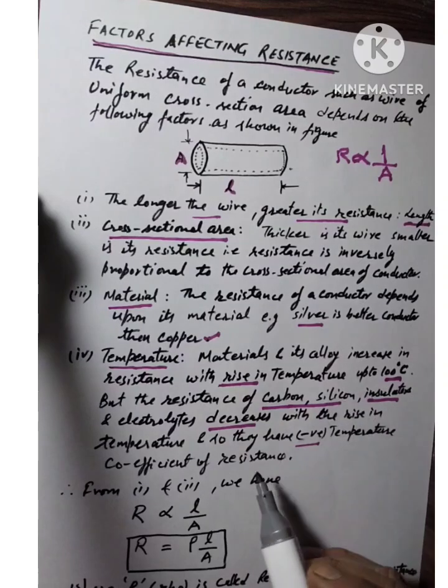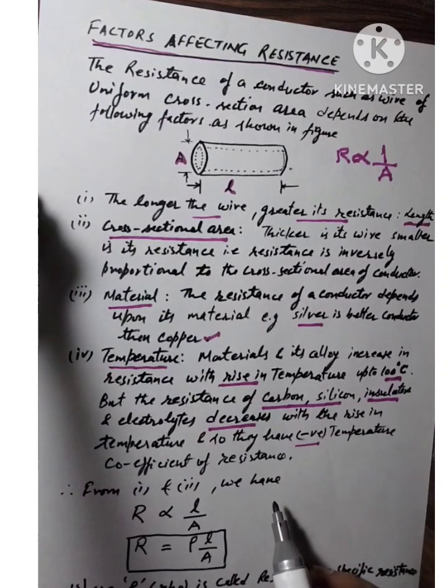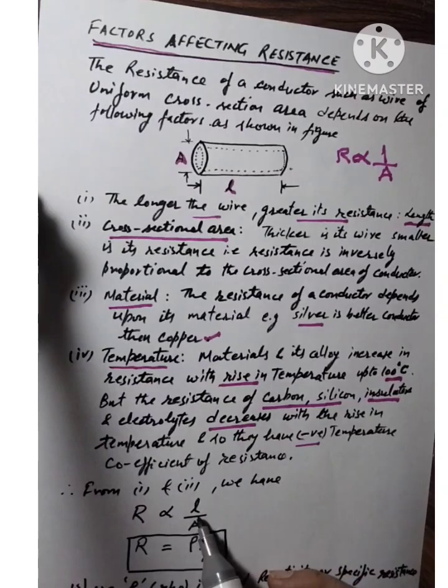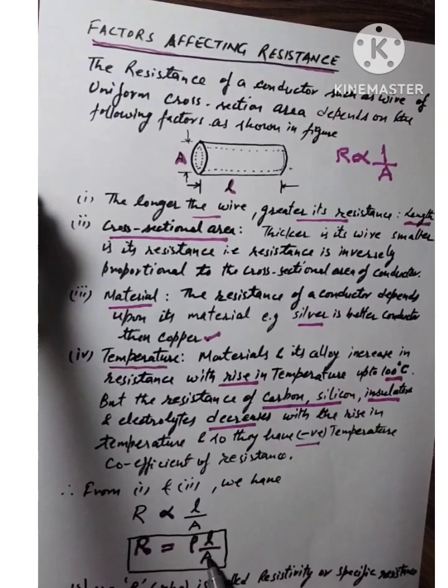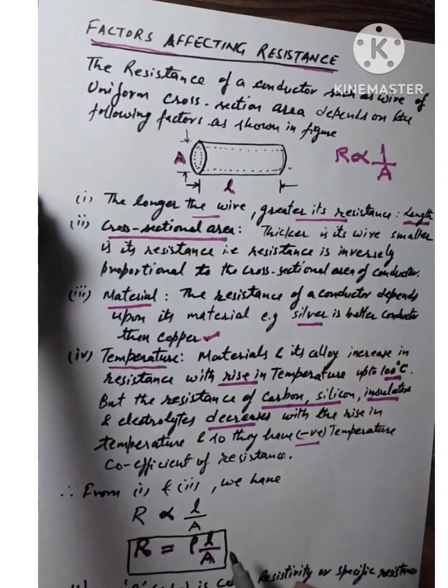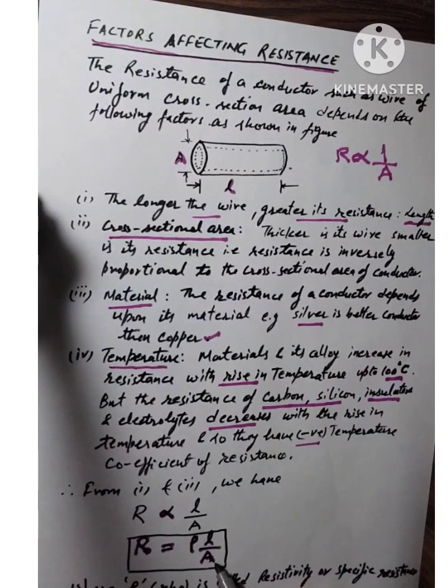From the points first and second we will have a relation R is directly proportional to L upon A. If we get the final result, R is equal to rho L upon A. L is the length of the wire as we read, and A is the area of cross section.